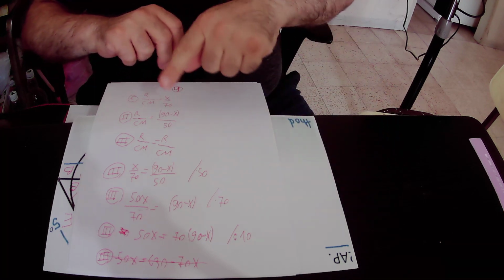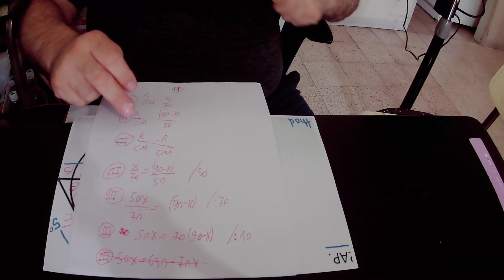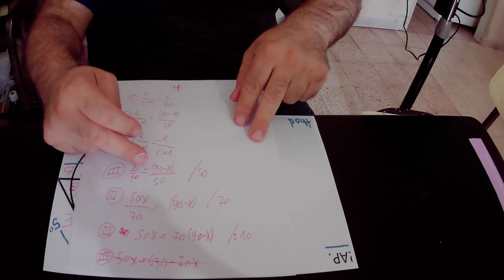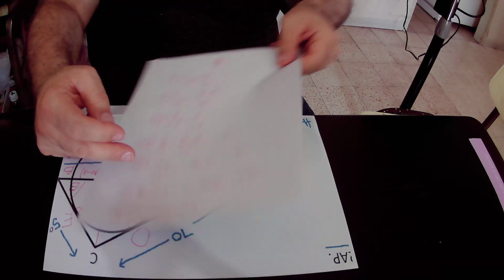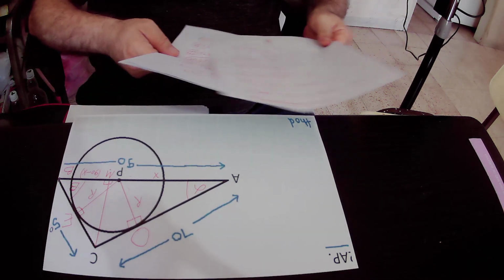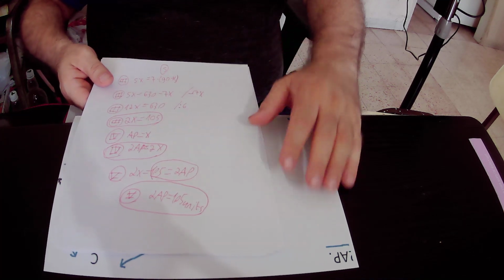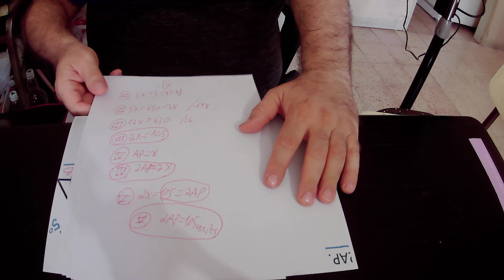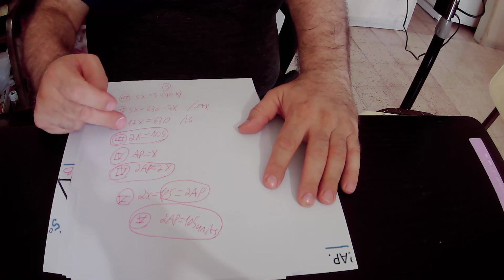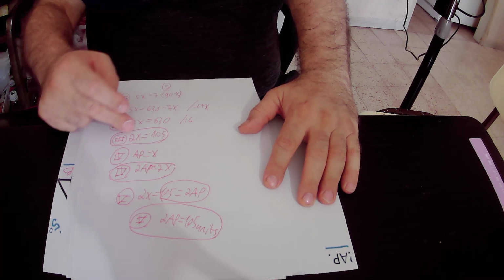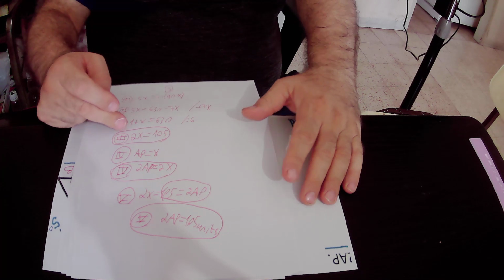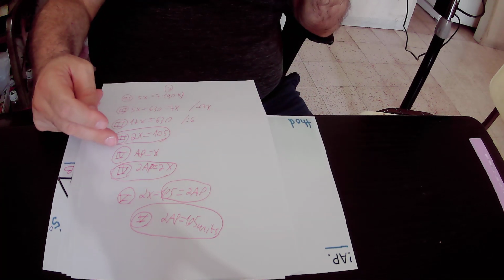So we have the equation X over 70 equals (90 minus X) over 50, and at the end we got to equation 3, which states that 2 times AP equals 105 units.